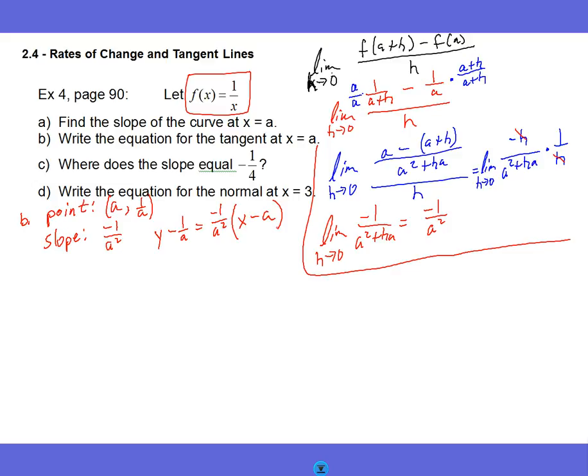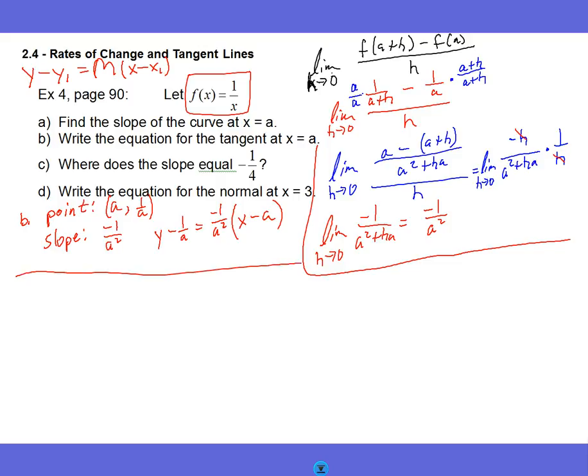And how did I do that so fast? Because I've written this a lot. You need to know point slope form of a line. You have to remember that it's y minus y1 is equal to m times x minus x1. You have to have that memorized. Anyway, so that's part B.